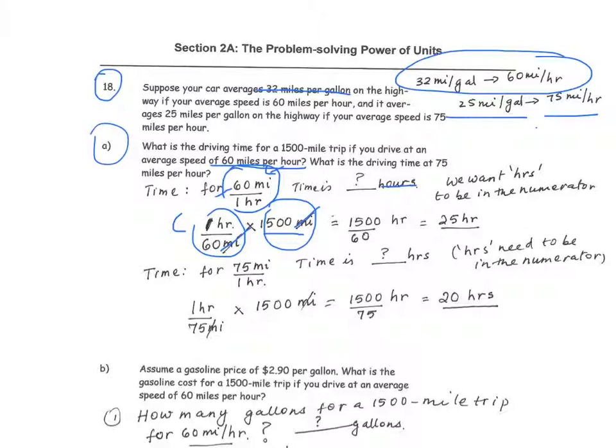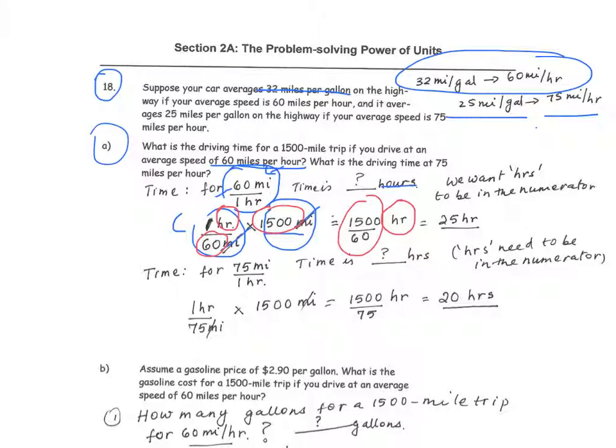That's exactly what we wanted. The hours survives in the numerator, and that's how our final answer has units in hours. Combining the numbers, 1500 divided by 60, we have 1500 over 60 hours, which is the same as 25 hours.